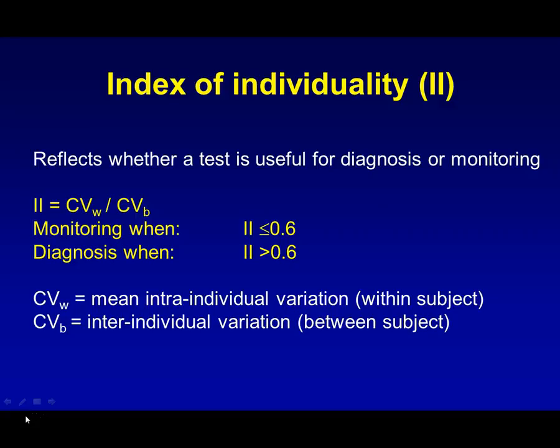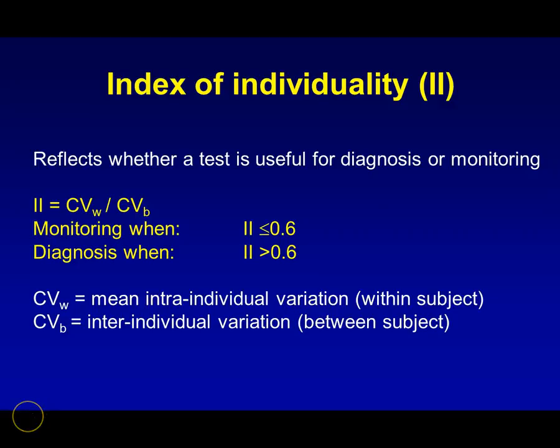When intra-individual variation is low as compared to the between subject variation, a test is better for monitoring, because a small change in a patient or in a subject tells us more than a deviation from, for example, the reference value. So when an index of individuality is below 0.6, it is better for monitoring.